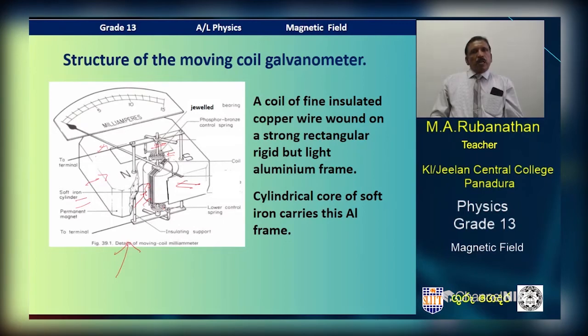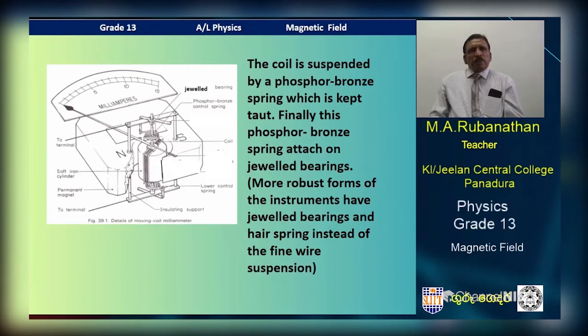That aluminium frame is very light, but rigid. The cylindrical core of soft iron carries this aluminium frame. I have already shown that. Now, the coil is suspended by a spring which is kept taut. Finally, this spring is attached to the dual bearings.